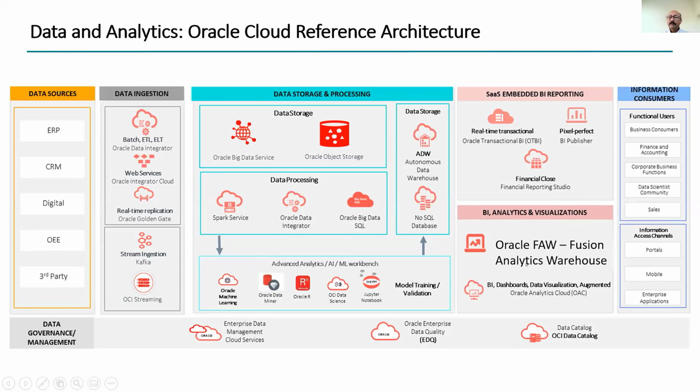So we looked at FAW, there can be custom versions of it, and then we have the operational tools which come as part of the application. It's not easy for us to add an operational tool on top of cloud applications because there is limited connectivity for third-party tools. So we often rely on tools that come with cloud applications like BI Publisher, OTBI, FRS, and so on. And we'll look at more details into that.